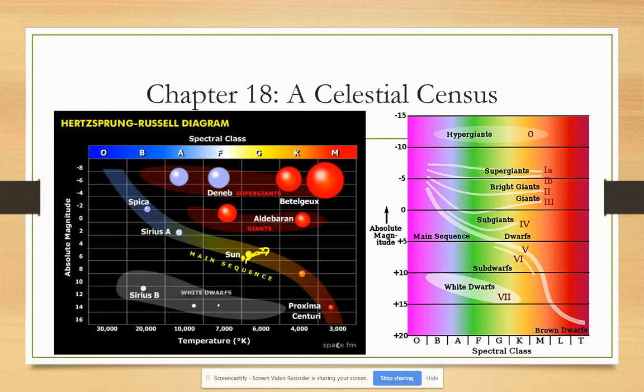You have gravity pulling in, you have to push out harder because of more mass. Hence, you have to have a bigger explosion. So they're burning hotter, and because they have more mass, they're bigger. So bigger, hotter, brighter. Lifetime for something like Spica is going to be measured in millions of years, whereas the lifetime of our sun is measured in billions of years.